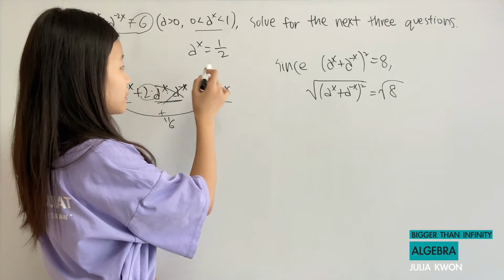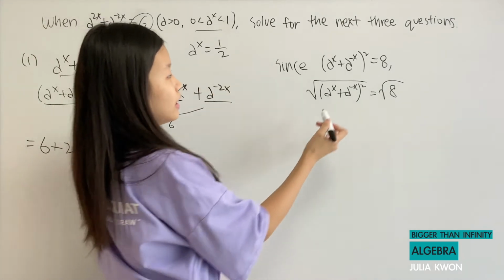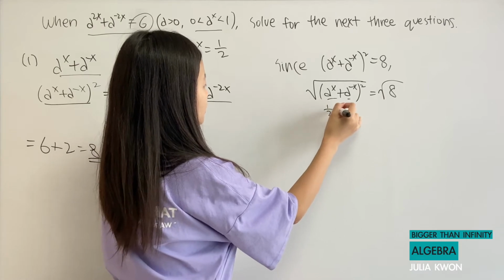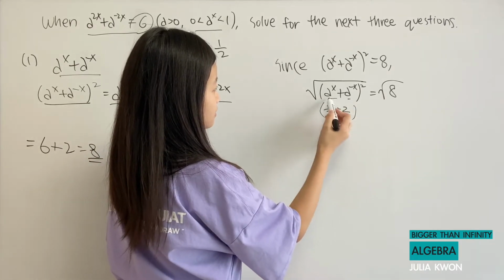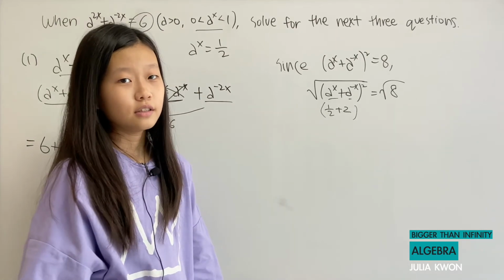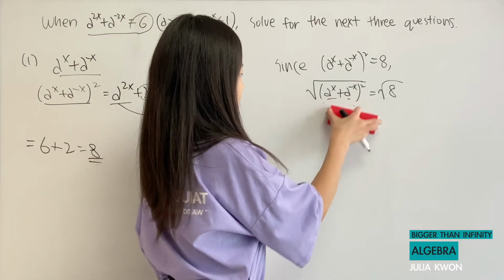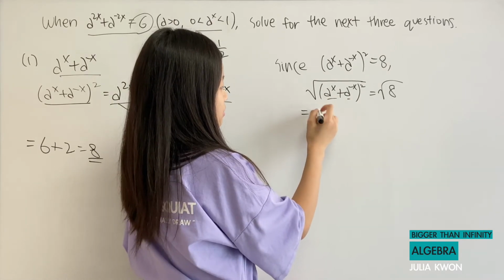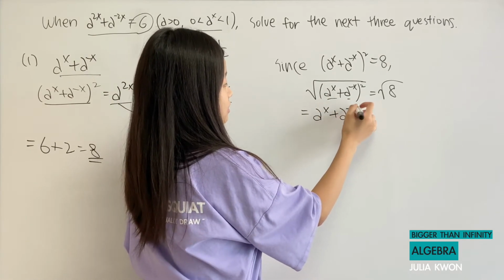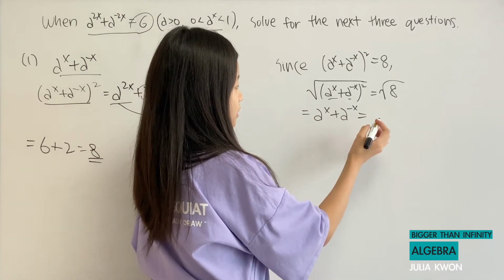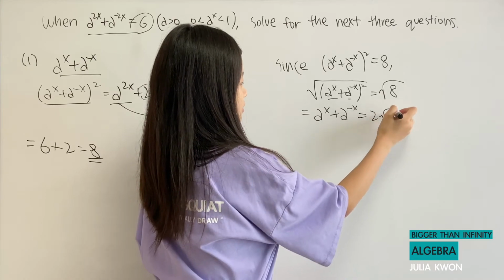If we put a to the power of x as 1/2 and put it in here, we get 1/2 plus 2 for this part. And if we add these together, that's a positive, right? So that means that if we take the square root of this, we just write the exact same thing as what we had, and that is equal to 2 times square root of 2.